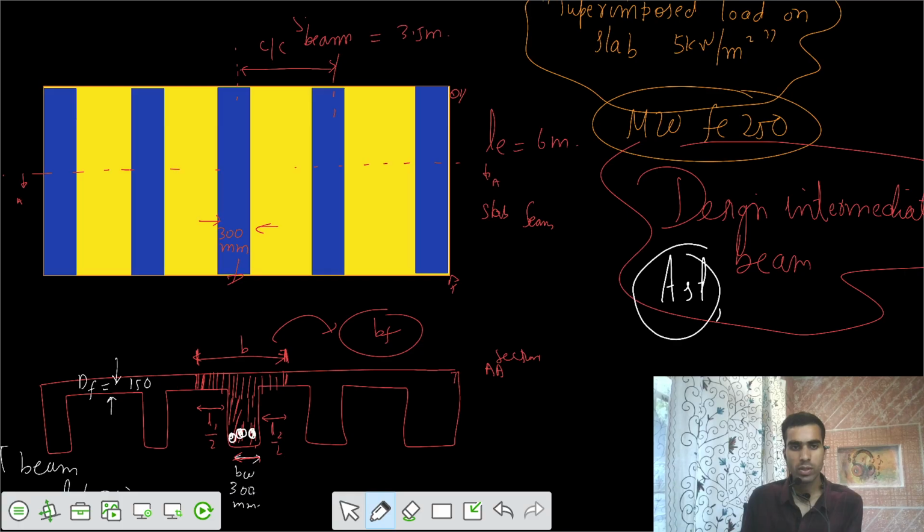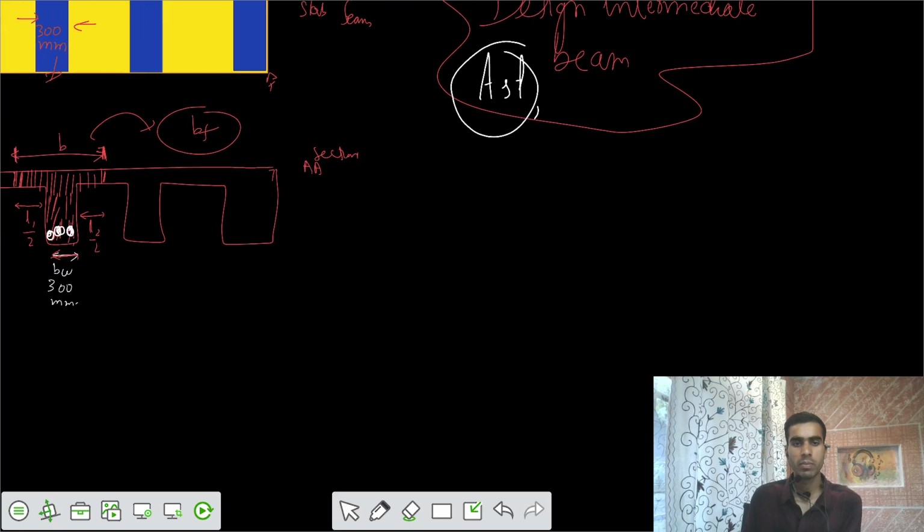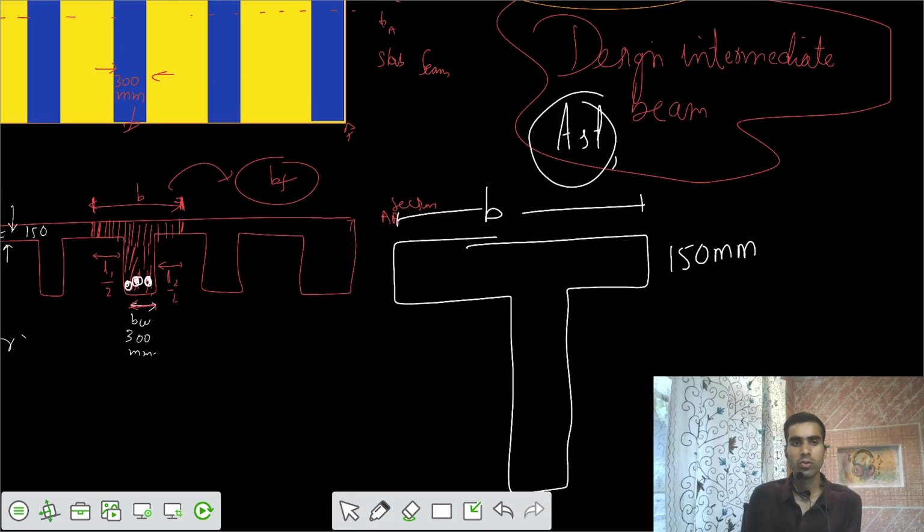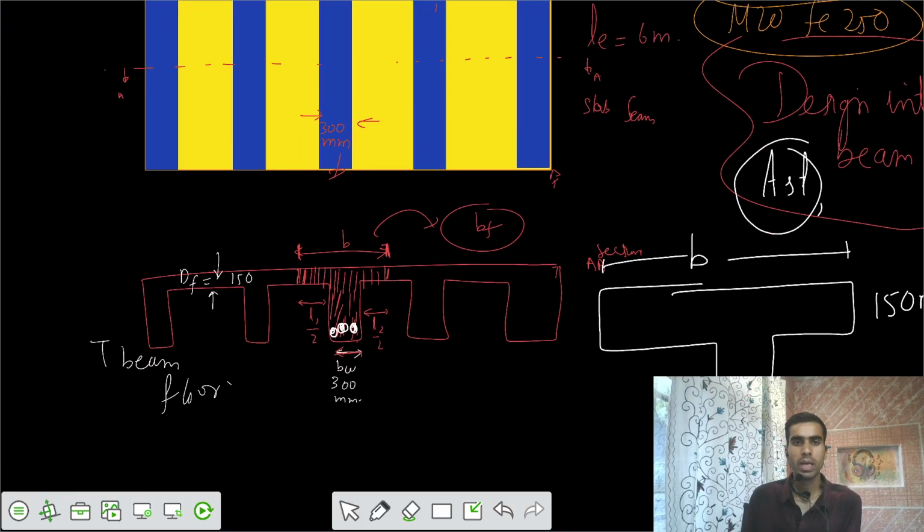And there is something more. If I separate that particular T beam outside, there's some total B, and there's some DF, that's 150 millimeters. This was provided, and B was coming out to be equal to something. Can you calculate the value of B?